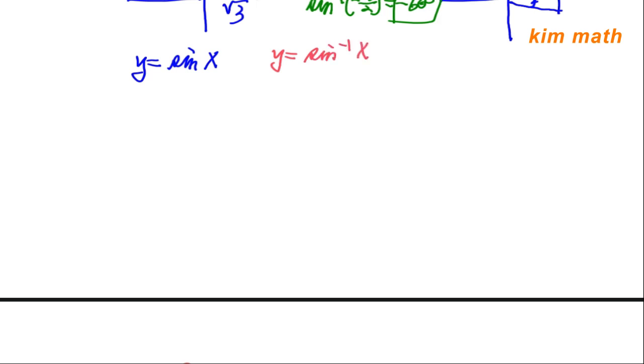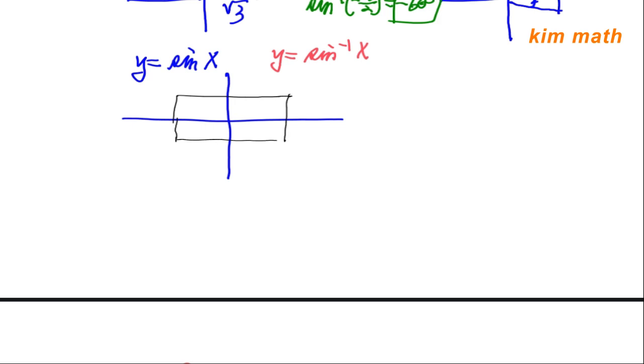If I sketch this one on the same plane, for sine, here, this is sine of x. Now, how can you sketch y equals arcsine of x on the same plane?